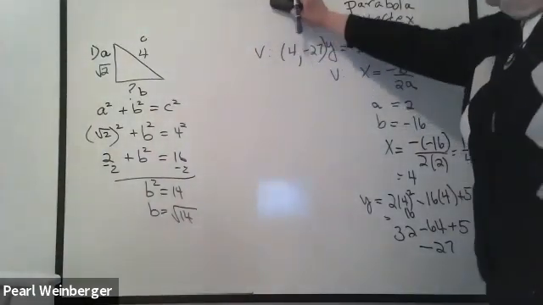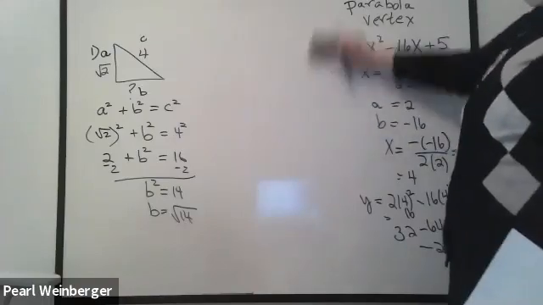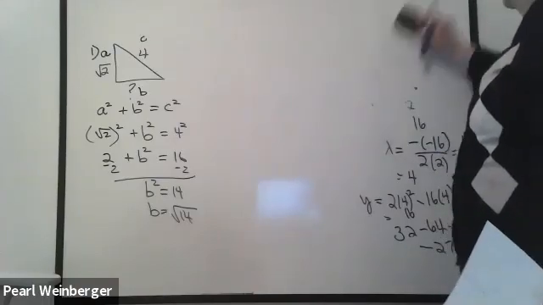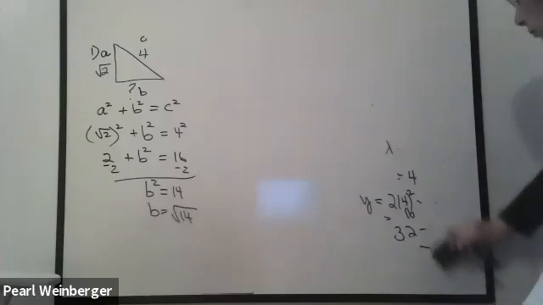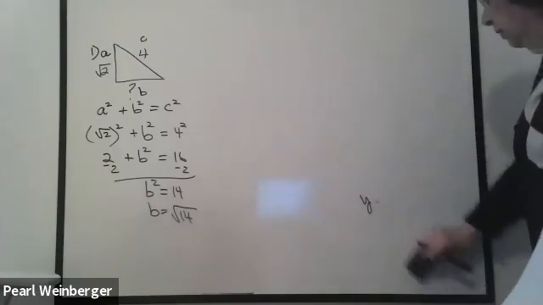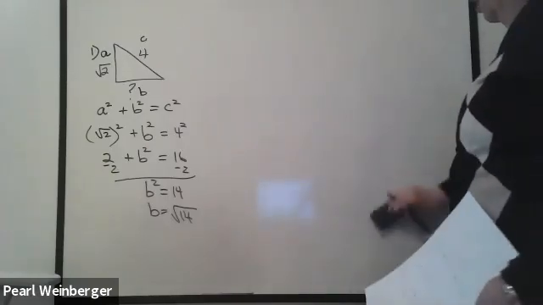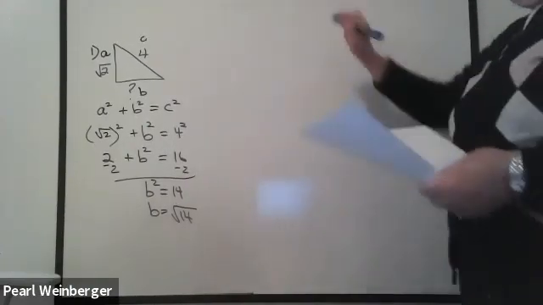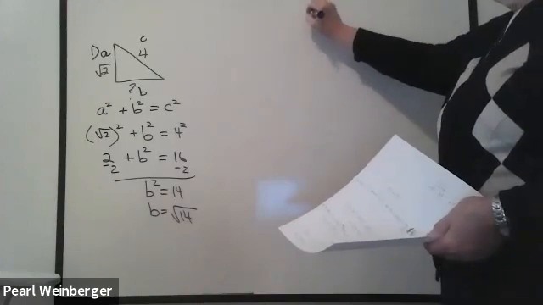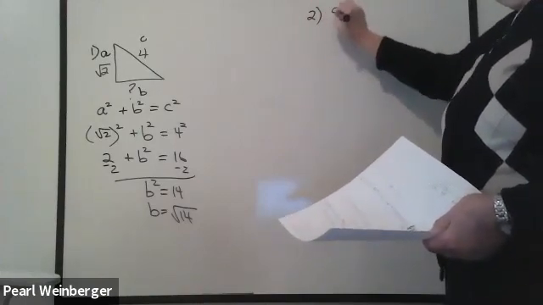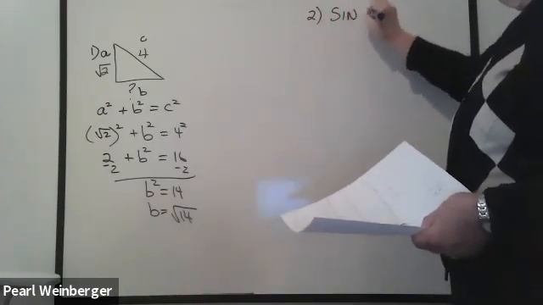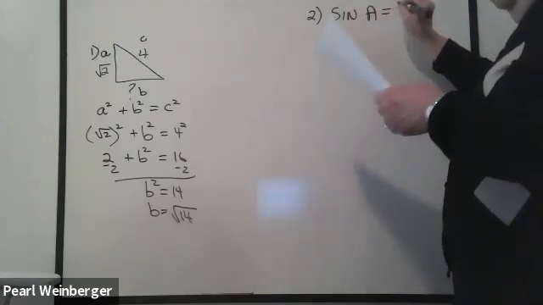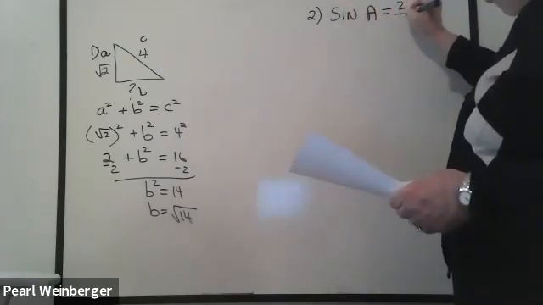Okay, now I'm going to give you a problem that involves a few parts. And I want you to see if you can do this example. Suppose I tell you, let's call this example 2, that the sine of A is 2 over 5.